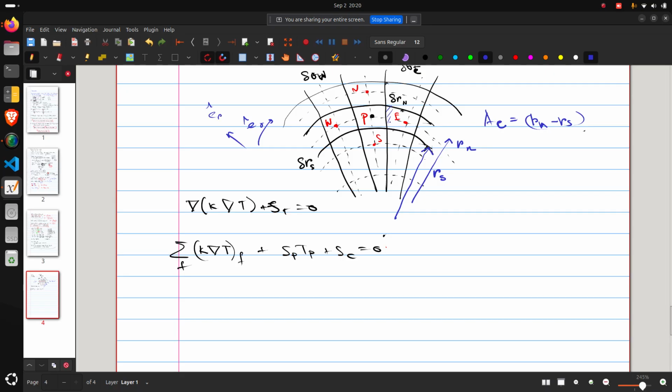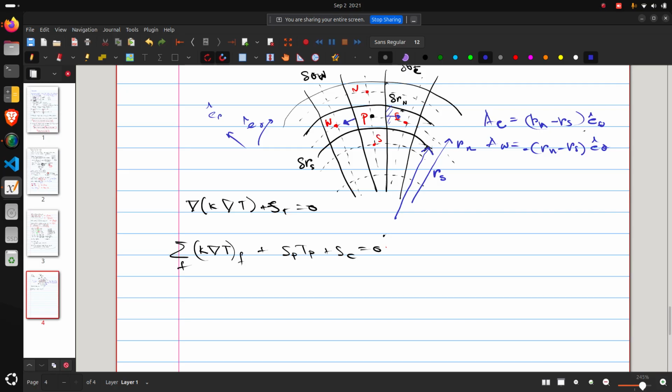So this area is pointing in the right hand side in the positive E theta direction, so it will be nothing but E theta. Similarly A west will be the same, Rn minus Rs times minus E theta, right? Because the area vector will point to the negative E theta direction.